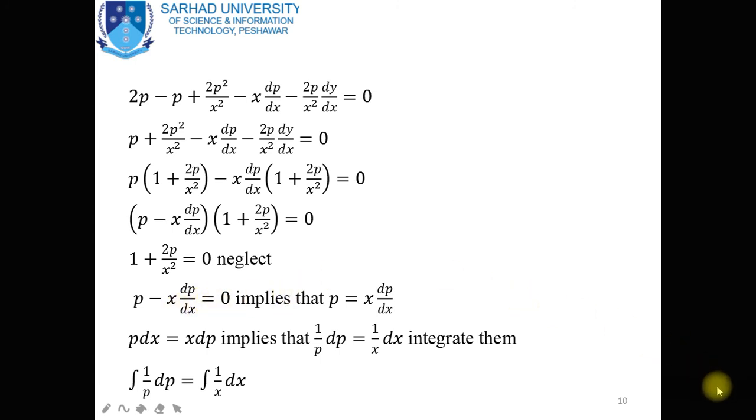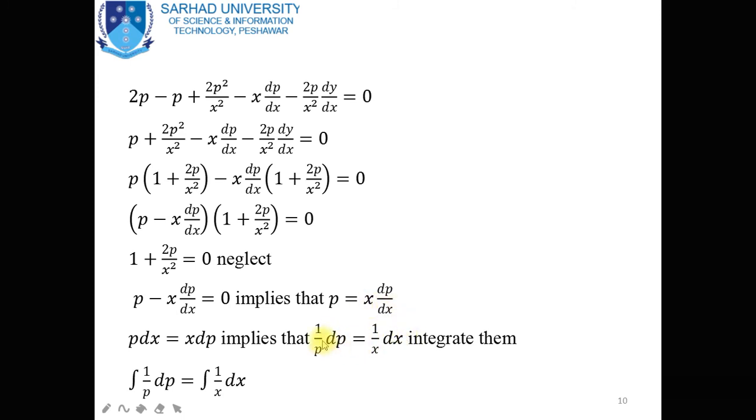Now we can write p is equal to x into dp by dx, and in this equation we obtain p and x. So by separation of variables, we can write p into dx is equal to x into dp, and this implies that 1 over p dp is equal to 1 over x dx.